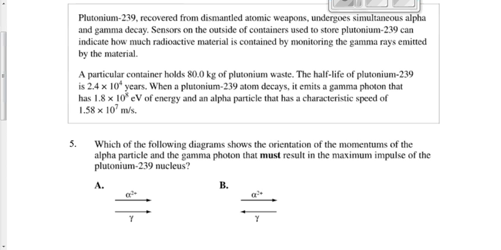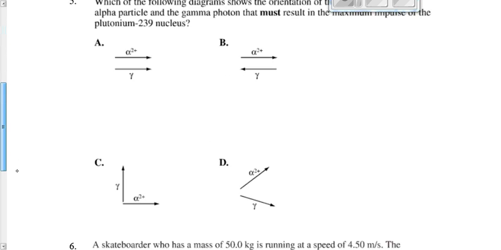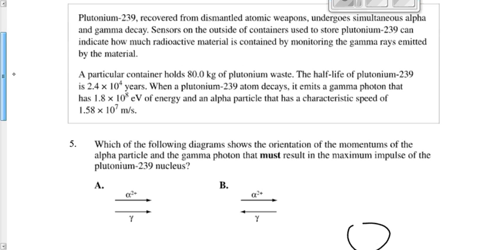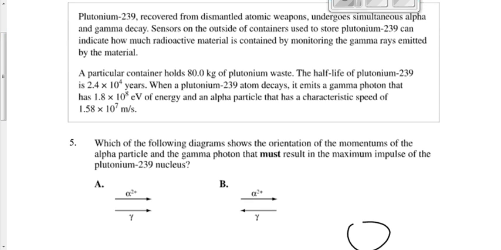Listen, when you see this question, you're not looking at numbers. This has nothing to do with the numbers that are given to you. You got to look at the bigger picture here. You've got plutonium-239. Here's the big plutonium-239. It decays into something else, some other slightly smaller nuclei, an alpha particle, and a gamma ray.